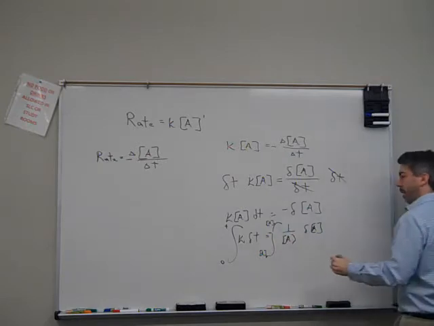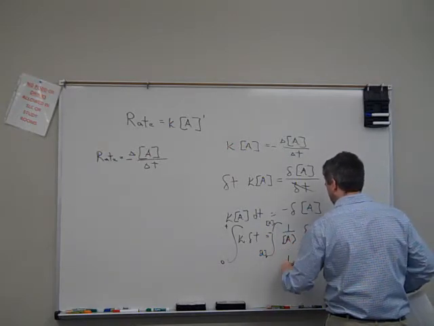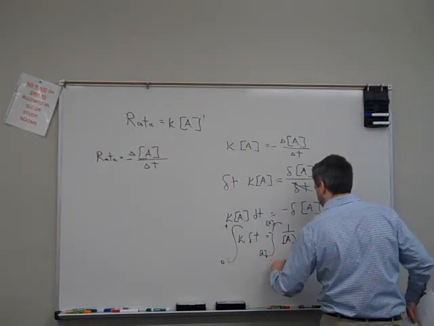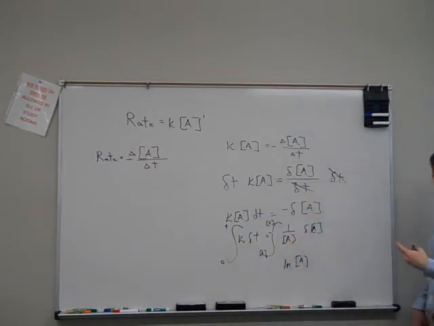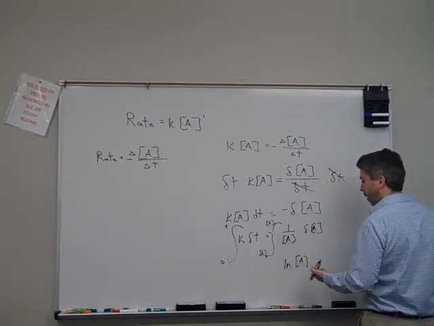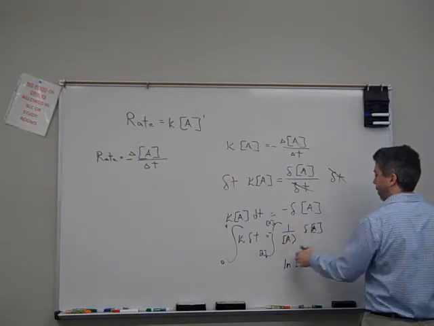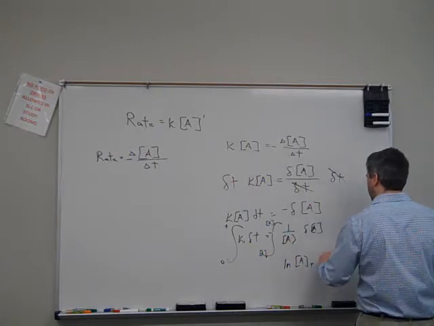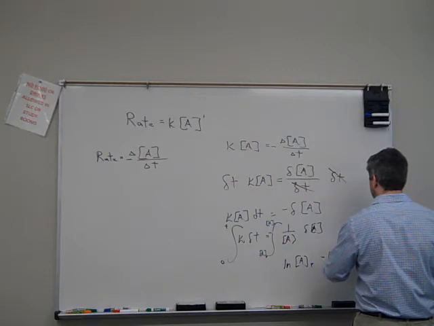When I integrate 1 over A, it gives me the natural log, because the derivative of the natural log of the concentration of A is 1 over A. So this integrated is going to be the natural log of A at time t minus the natural log of A initial.